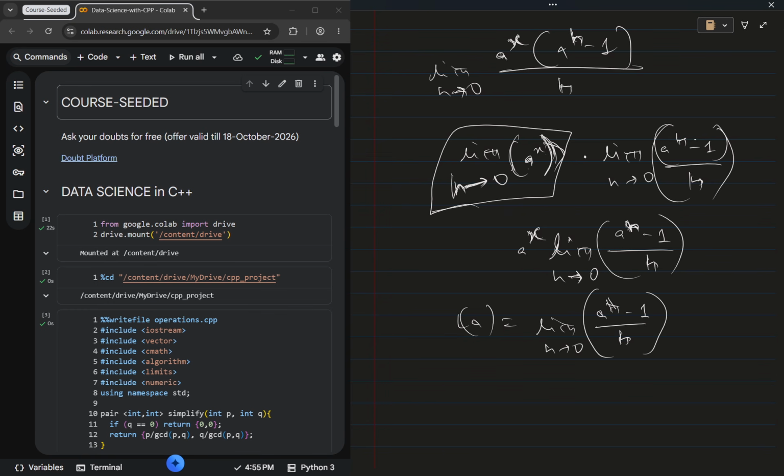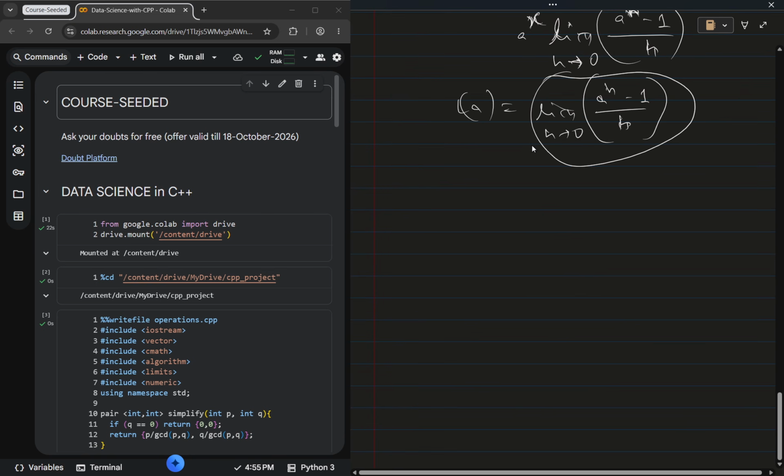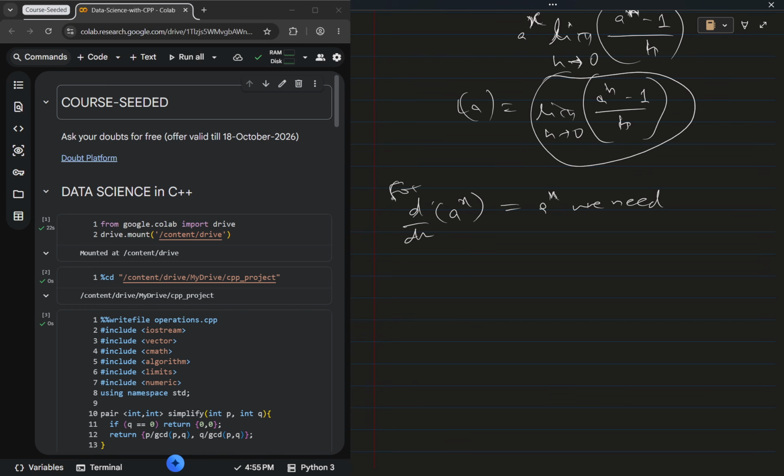So we need some value now for which this becomes 1. Basically, for d by dx of a to the power x to be equal to a to the power x, we need this limit, let's just write LA over here, to be something equal to 1, right?